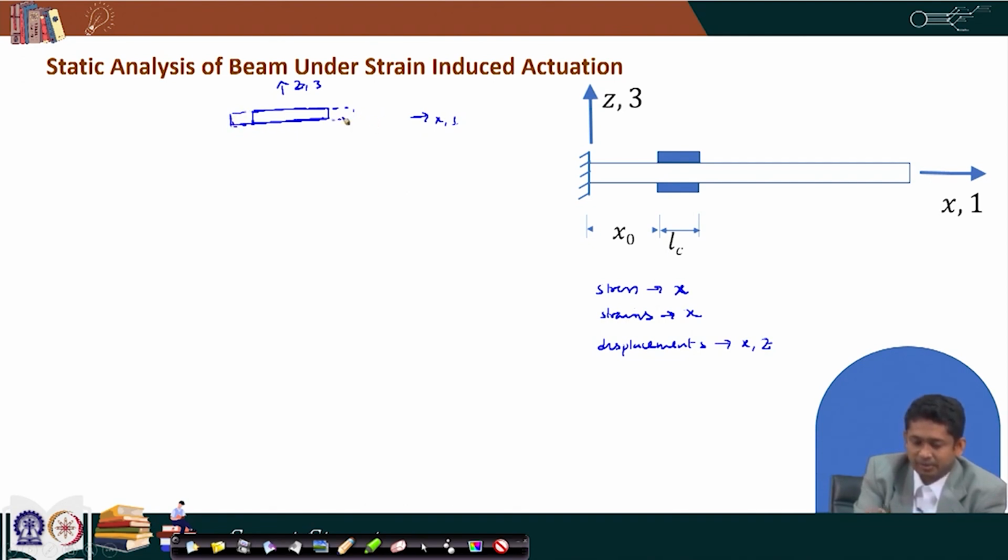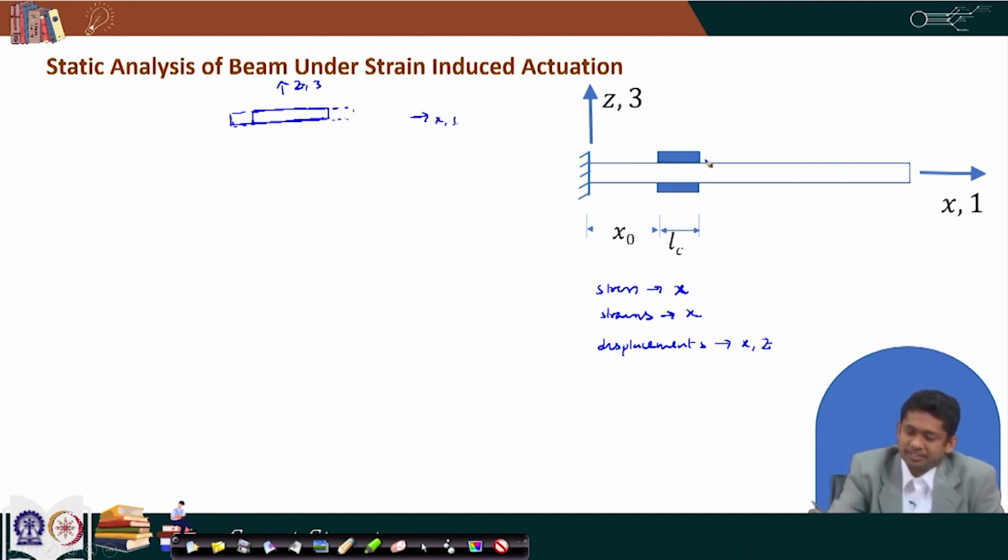If it is allowed to expand fully, then it develops no stress, because under that electric field, whatever is its natural length, it has been allowed to assume that.